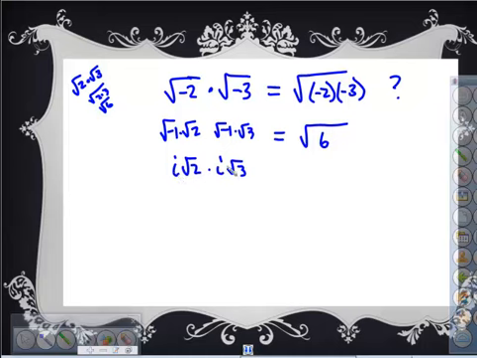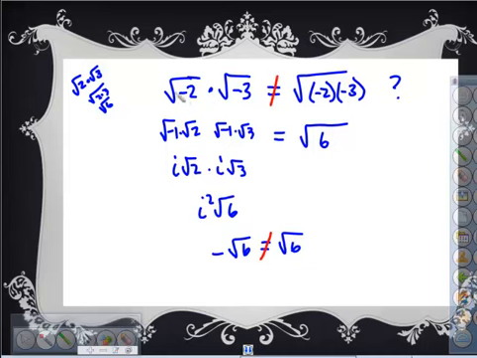Now we just multiply these two things, and so you've got i squared, and then radical 2 times radical 3, I did it over here, is just going to be radical 6. Now what is the i squared going to give us? A negative. So we have the square root of 6 on this side, and then we have negative square root of 6 on that side. So obviously these ones are not equal.